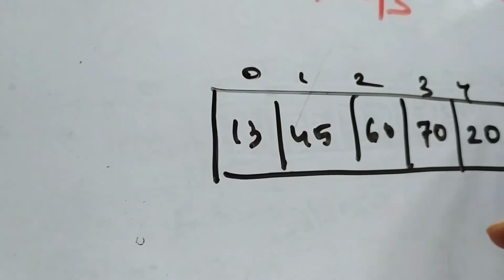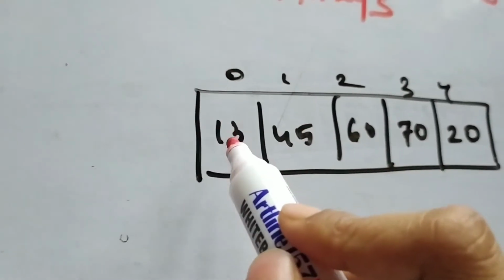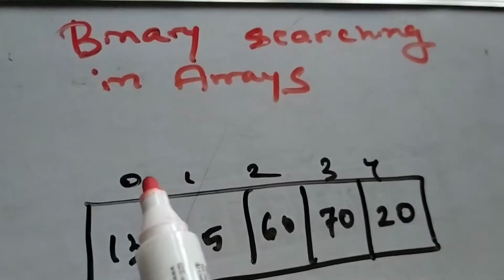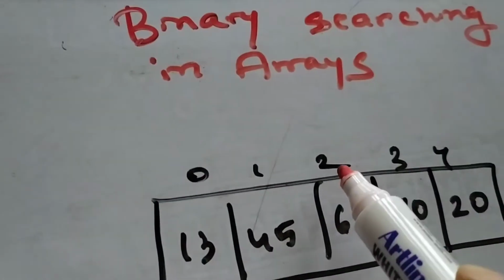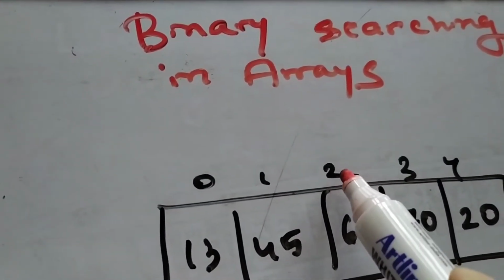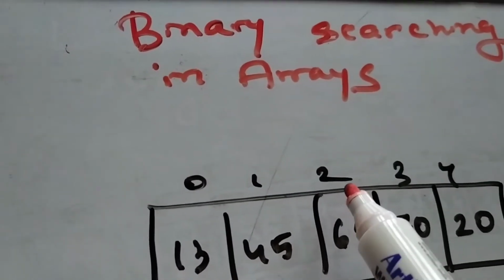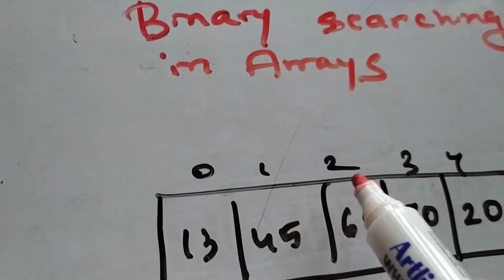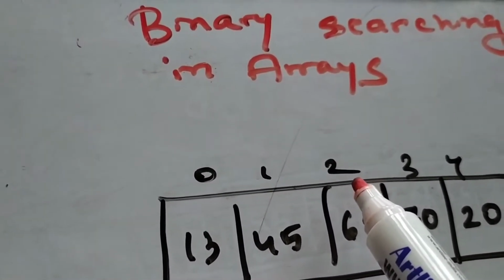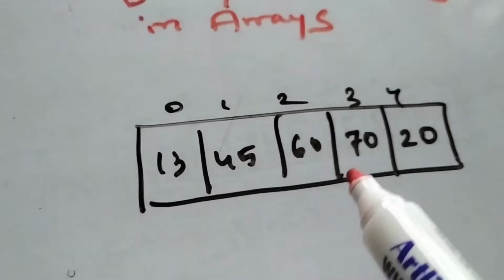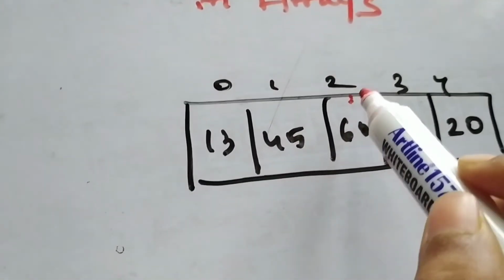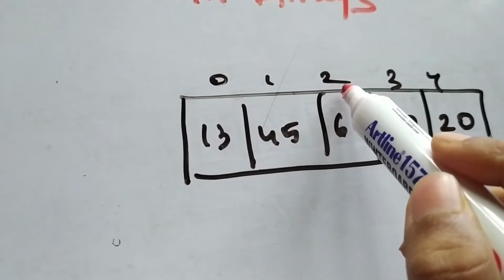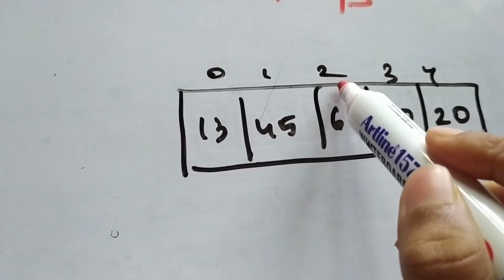This array consists of 5 elements, so the middle will be at index 2. The value at index number 2 is the middle of the array. So it will directly jump to this place.